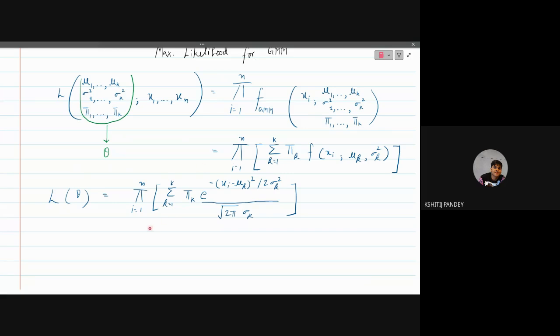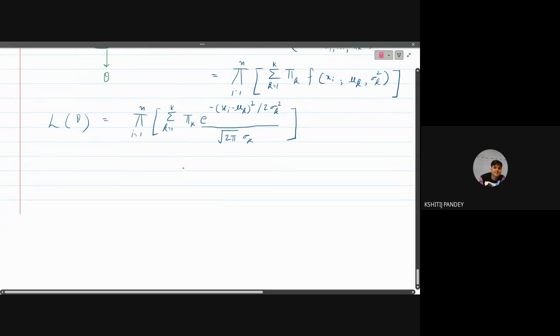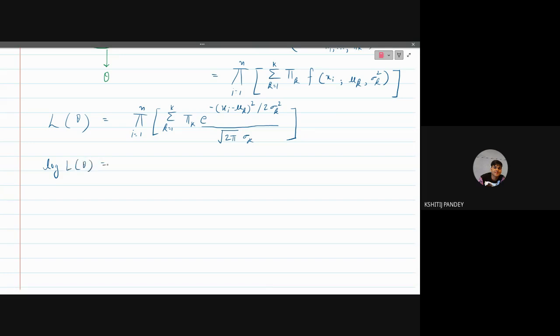Well, this is your likelihood function. So after this, what we do, we take log, and on taking log, what do you get? So your log likelihood, well, on taking log, this product over i equal to 1 to n will be converted into summation. So this will be equal to summation i from 1 to n, then after this you have log.